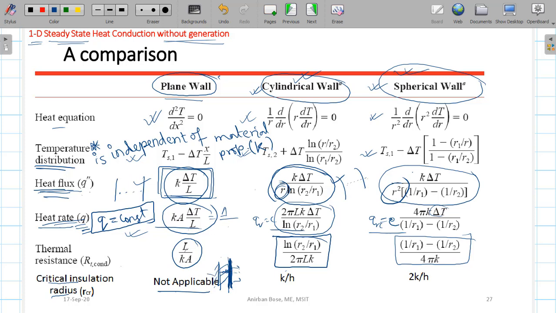So definitely the question of critical thickness is not coming in case of a plane wall, but in case of a cylindrical wall and in case of a spherical wall, the critical insulation radius, as we have derived, is K by h and 2K by h. That you have to remember. So these are the important comparisons among these three kinds of problems, or the fundamental problems under these specific assumptions that we have dealt with.